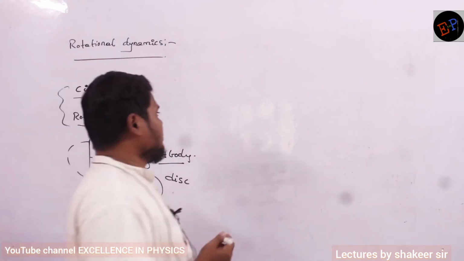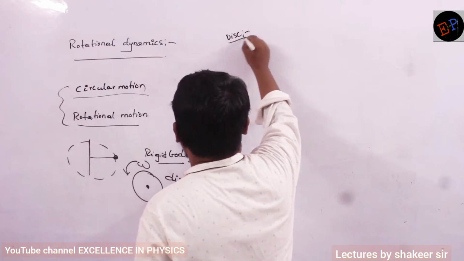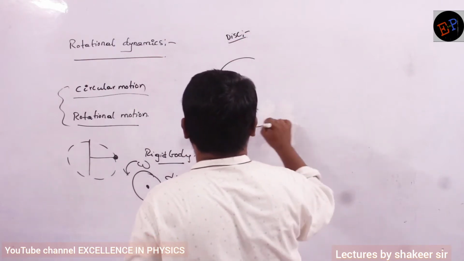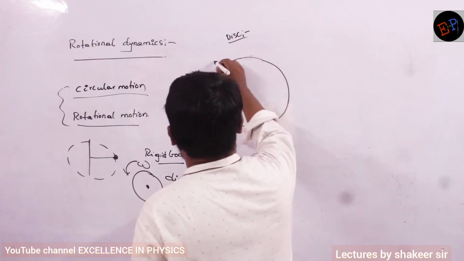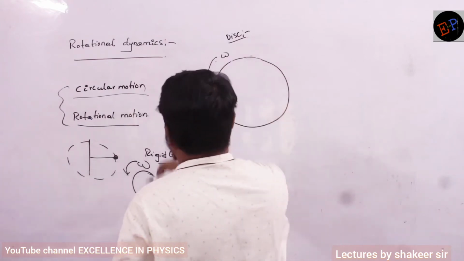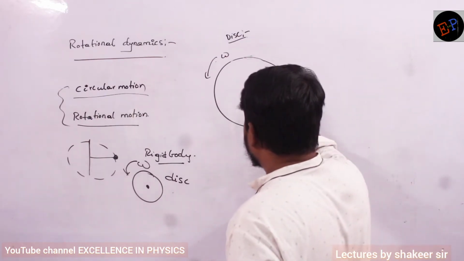Now see, for example, if I take a disk, and this disk is rotating with an angular velocity of omega. First of all we will study some parameters.